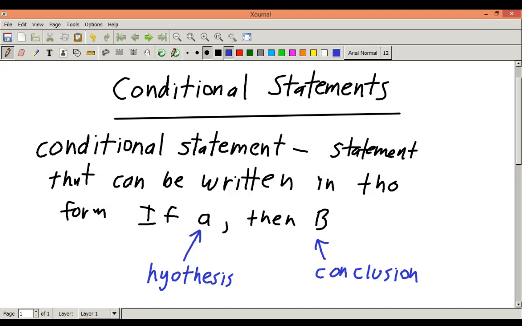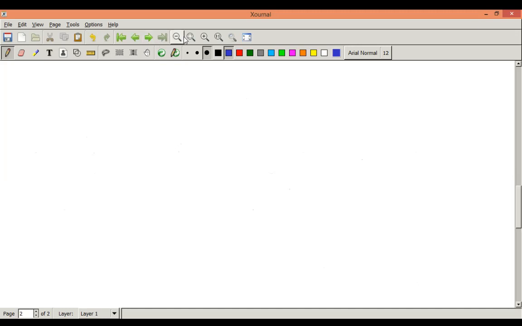Okay, so the best way to see this, I guess, is to dive into an example. So let's take a look at that. Here's a statement. This is a conditional statement.